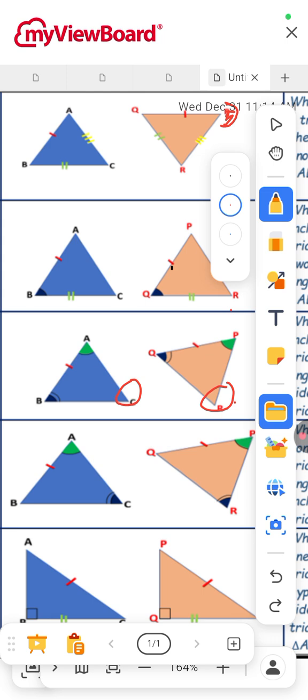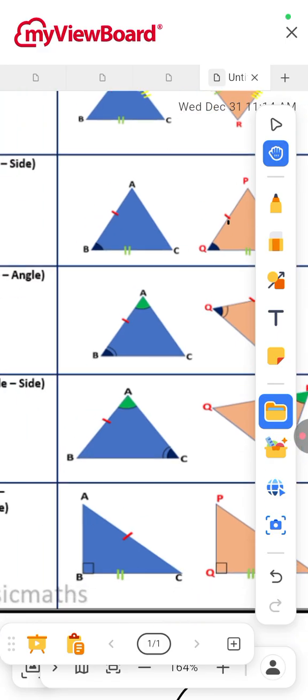So here I can say that triangle ABC is equal to triangle PQR. Yes, PQR. I have to follow the order. Always important. That's why I'm reiterating that in each of the conditions. You have to follow the order.